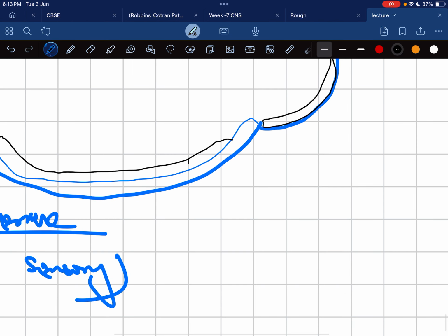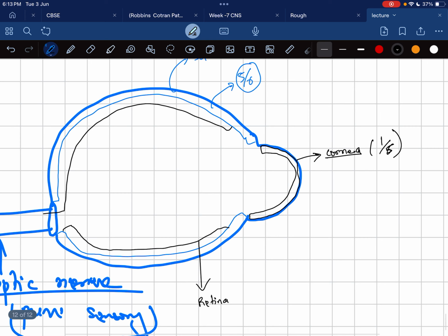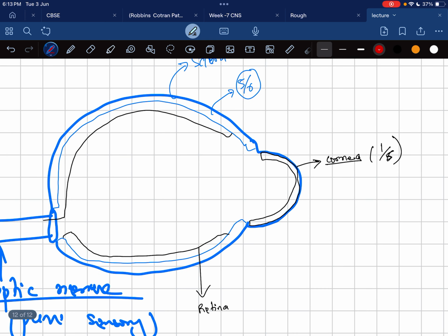This is the retina, and it is sensory. When the rays fall on the retina, image formation occurs.